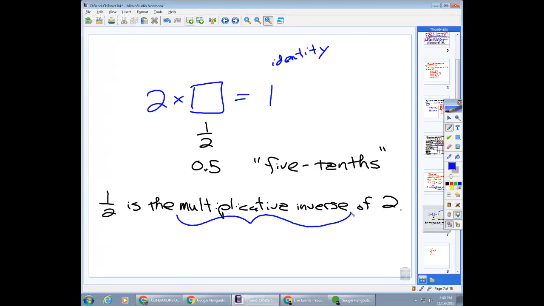What's the relationship between 2 and 1/2? Want a big hint? Starts with R. E. C. Reciprocal. There we go. We got a winner. Reciprocal is the multiplicative inverse. It's what we multiply by to get the identity of 1.